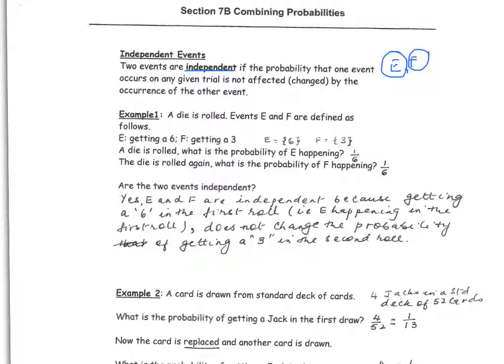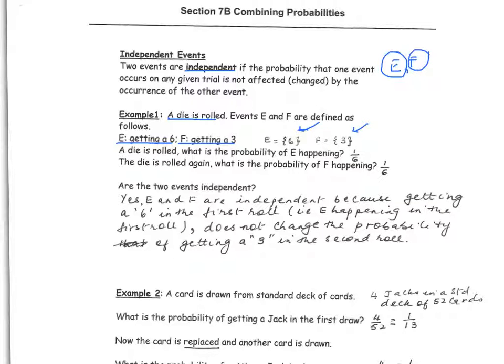The simplest example that we can think of is in the experiment of rolling a die. Suppose we roll a die and we define events E and F as E getting a 6, F getting a 3. So events are just written as collection of objects here using the braces.